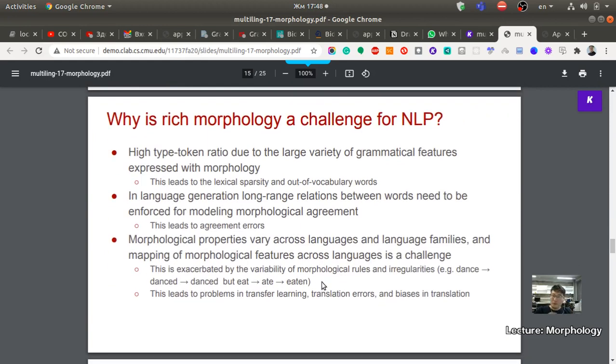Why is rich morphology a challenge for NLP? What does rich morphology mean? It means that you have many morphological structures. For example, English is not a rich morphology because it has a very simple structure: present, past, and gerund, like do, does, doing, done.